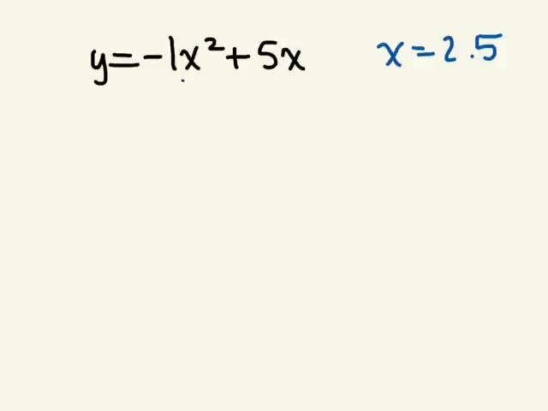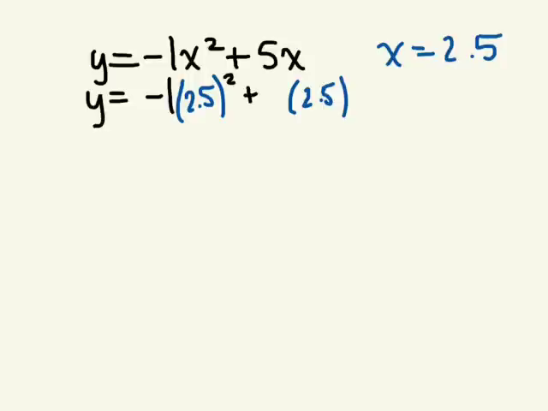So let's replace x with 2.5. I have y equals negative 1 times 2.5 squared, plus 5 times 2.5. Exponents first. What's 2.5 times 2.5, not plus? 2.5 times 2.5.